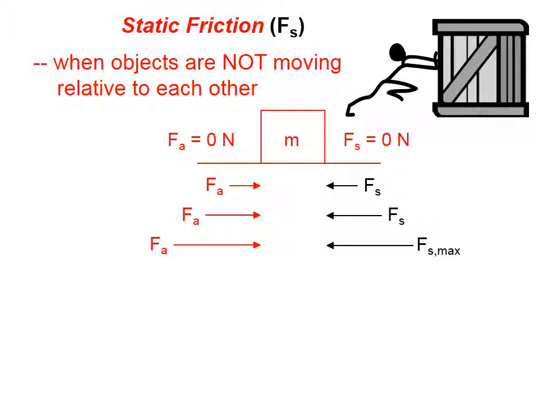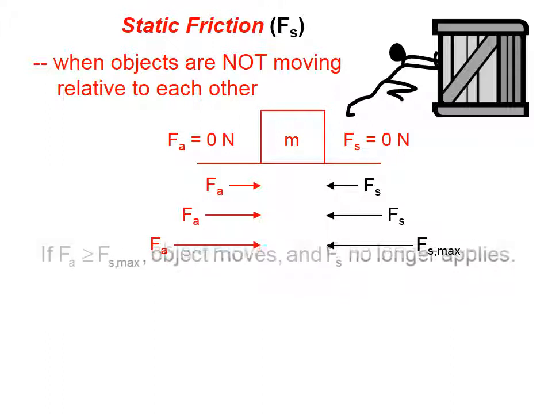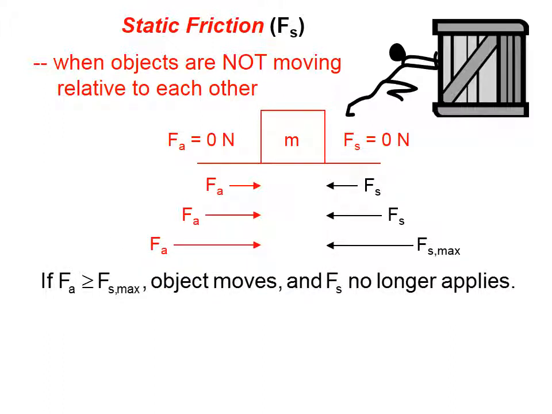At some point the box is going to move, and the maximum force that we can apply without the box moving is equal to the maximum static friction force. If the applied force equals or exceeds the maximum static friction force, then the object will move, and then we don't have static friction anymore.